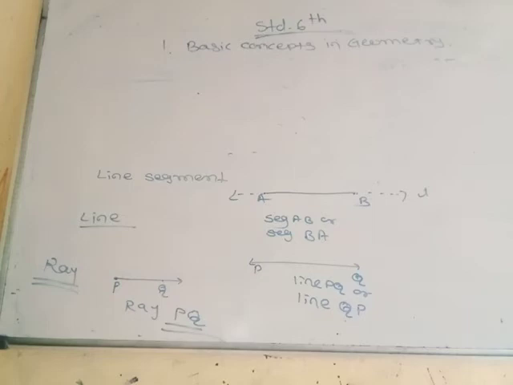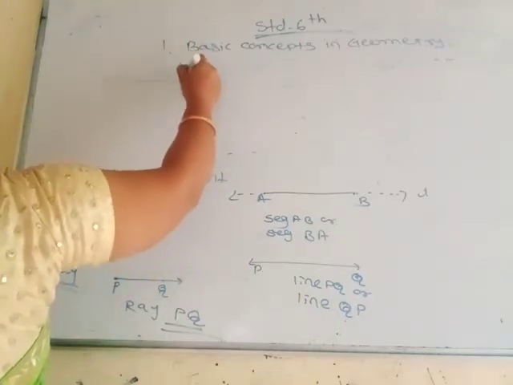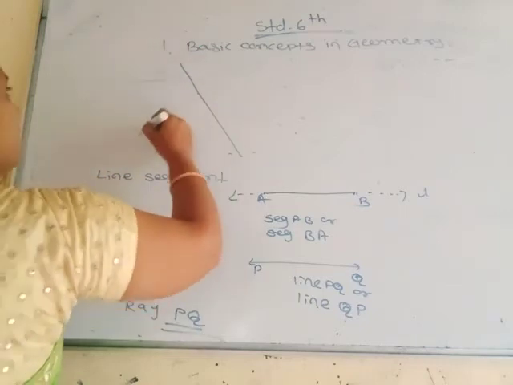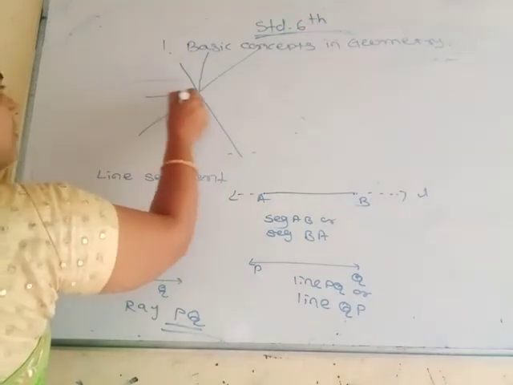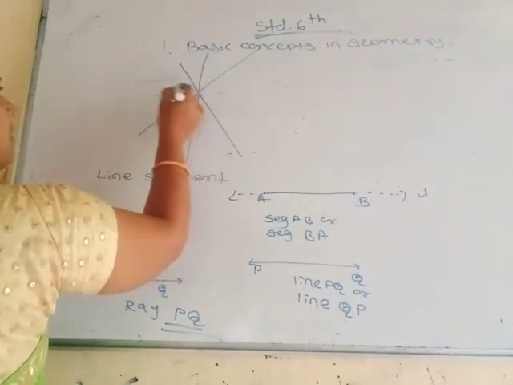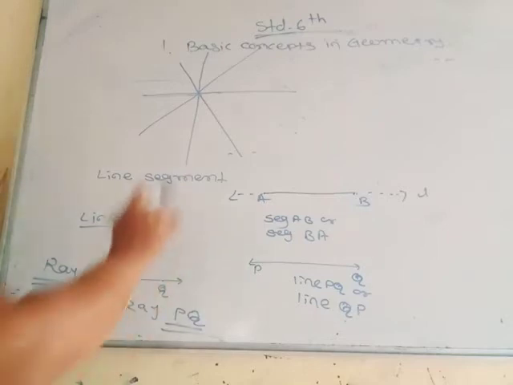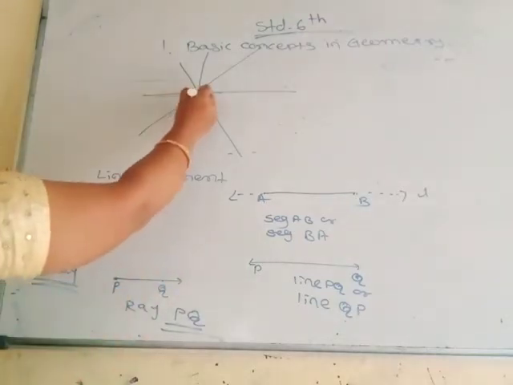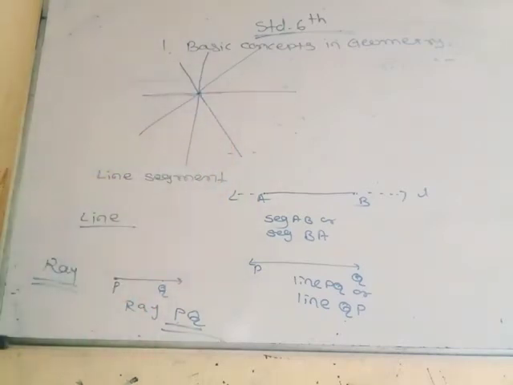Let the students draw lines passing through the point P. How many such lines can be drawn? An infinite number of lines can be drawn passing through one point.